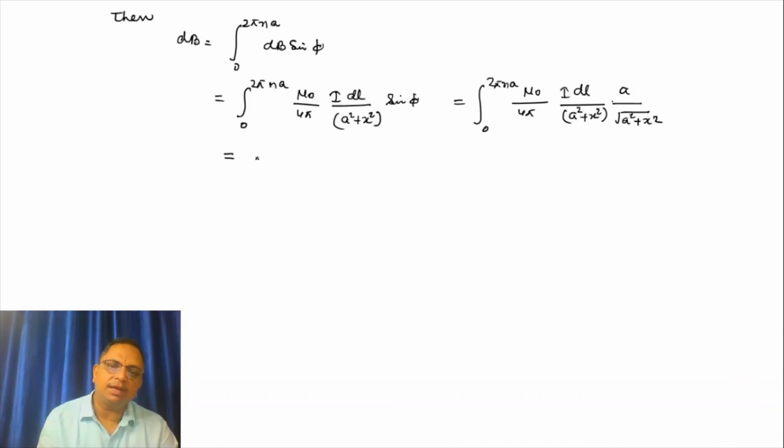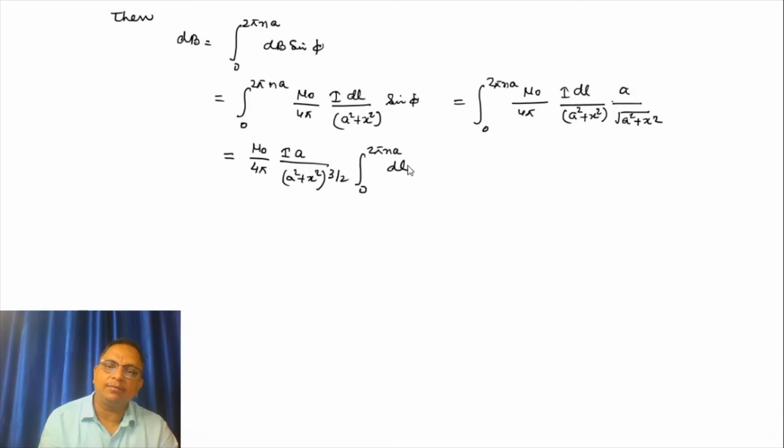We take outside the constant terms which are not integrated: mu 0 over 4 pi I a over a square plus x square to the power 3 by 2, and the integral of dl from 0 to 2 pi n a.